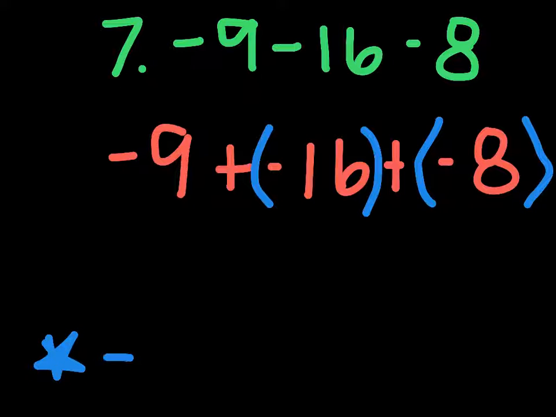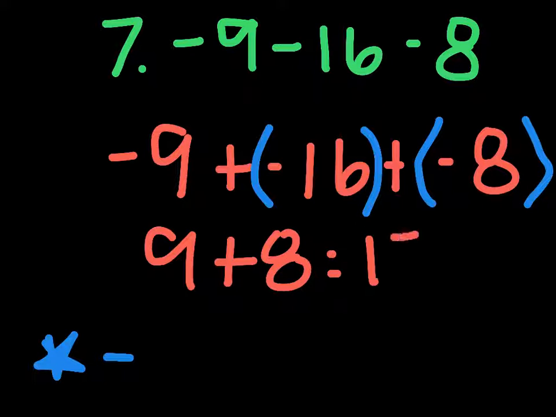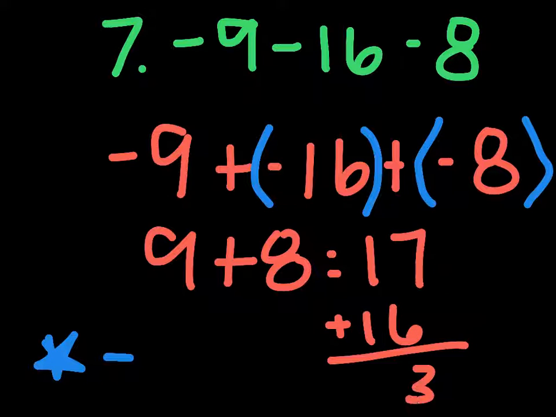I'm going to put a negative because I don't want to forget my negative sign. You can take your negative sign off if it helps you. And now it'll be 9 plus 8, which is 17. 17 plus 16 is 33. So now I put my answer over here, 33, and I'm safe because I have negative 33.